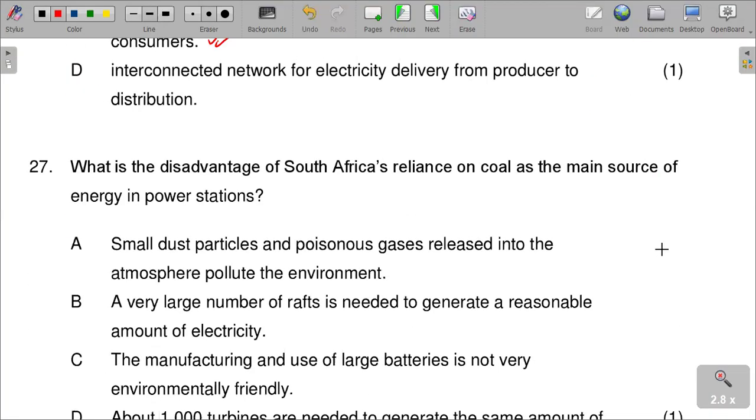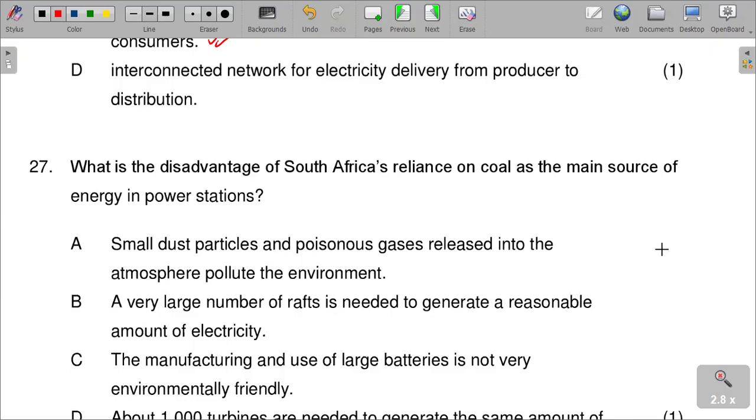What is the disadvantage of South Africa's reliance on coal as the main source of energy in power stations? What is the problem with that? On the options that are given, small dust particles and poisonous gases released into the atmosphere pollute the environment.